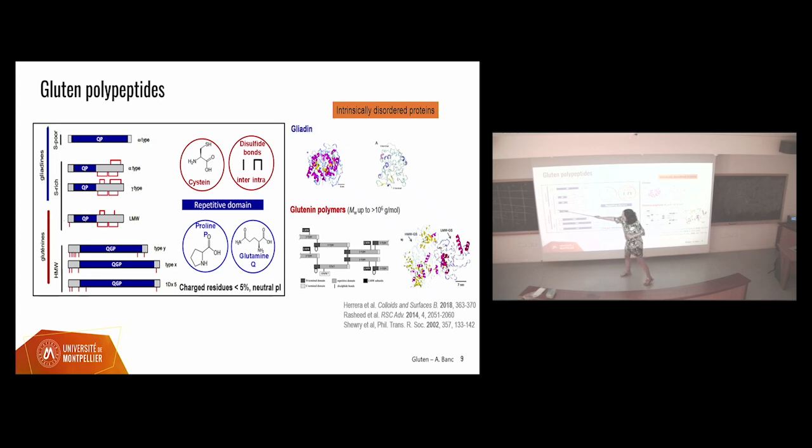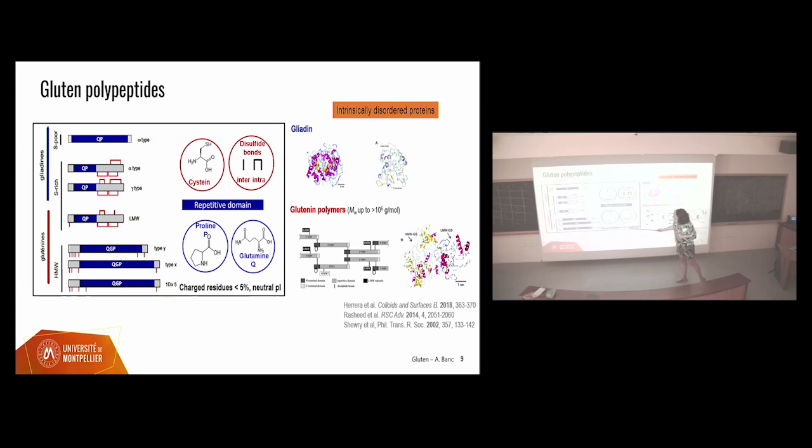And the second family, the glutenin, which contains cysteine that can be involved in intermolecular disulfide bonds. And making polymers with these different polypeptides, we form such kind of linear polymers of glutenin polypeptides.